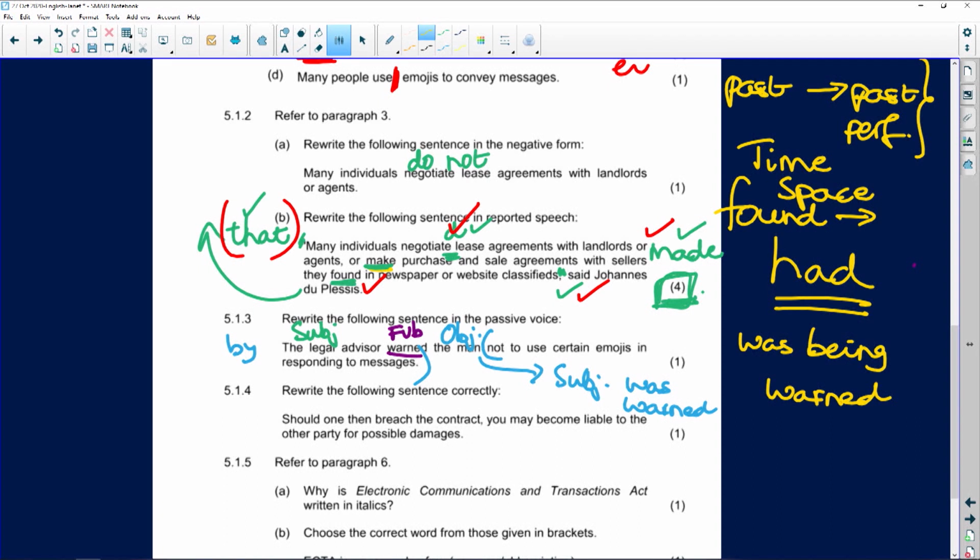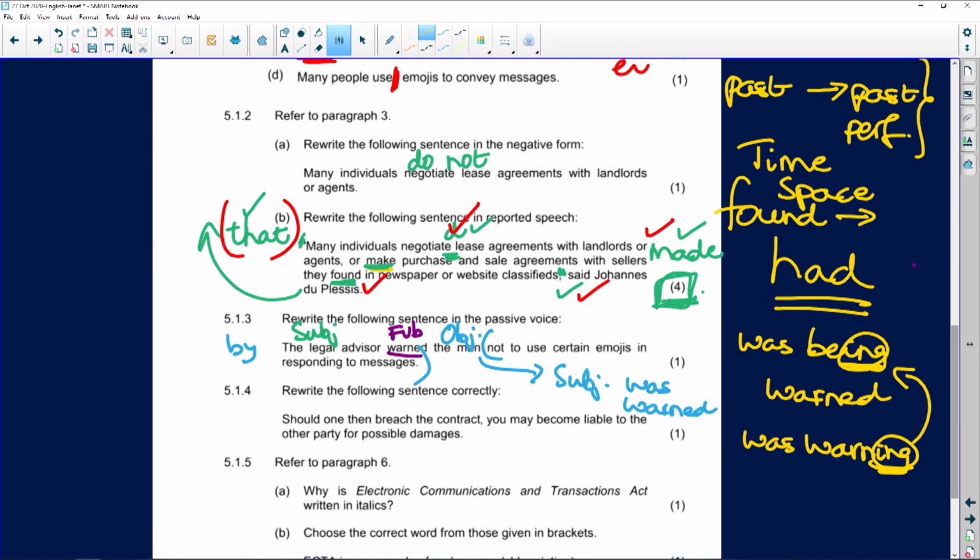So the legal advisor was warning, da-di-da-di-da, becomes was being warned. So if you have an ing, you're going to have an ing. It's going to move from where it is somewhere else, but the ing stays. If there is no ing, there mustn't be an ing in your answer.